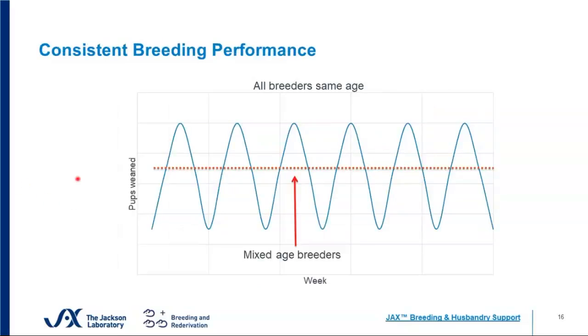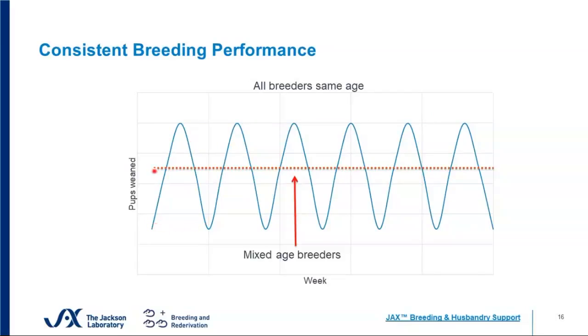And the reason you want to do that is if all your breeders are the same age, what's going to happen is the breeding performance is going to increase and then it's going to decrease. Then you replace your breeders and it's going to increase and decrease. And what's going to happen is you have inconsistent breeding performance over that colony. But if you imagine every female you're starting a week apart or a month apart, you're going to have multiple of these curves overlapping.